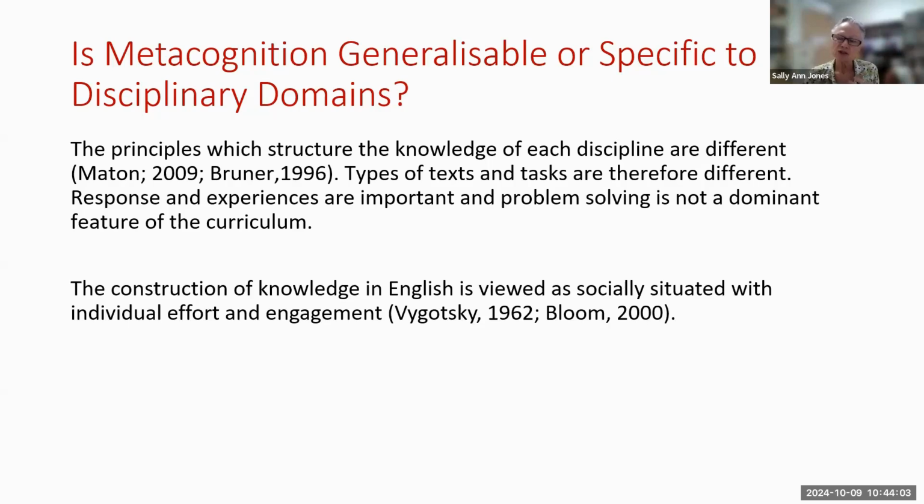So in English, we don't structure our whole curriculum around problem solving. We include response and experiences. And even the construction of knowledge, the process of learning, is different among disciplines. And in English, it's viewed as socially situated and involves individual effort, self-consciousness, as well as engagement.